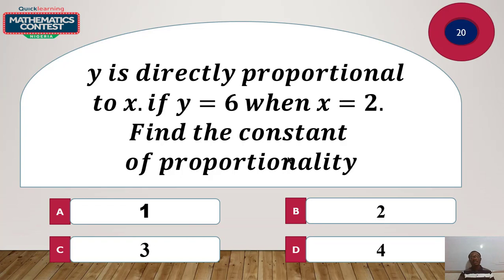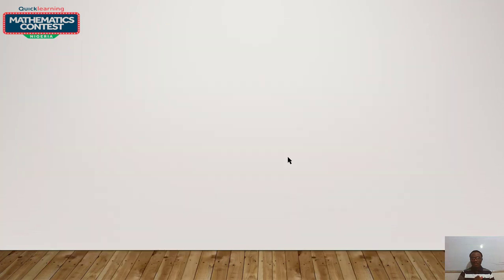Now y is directly proportional to x. If y is 6 when x is 2, find the constant of proportionality. Your time starts now. Time's up.